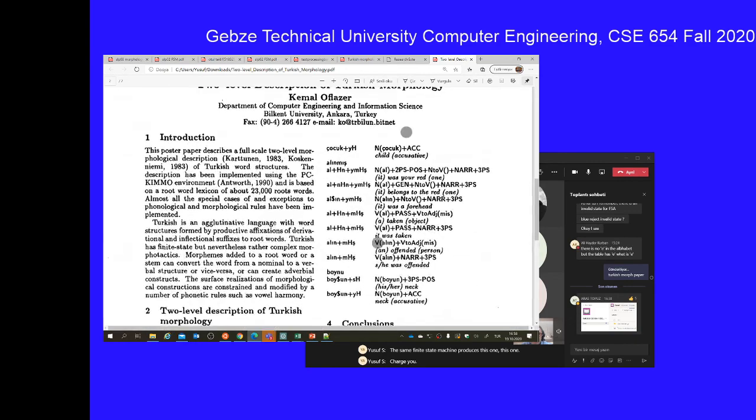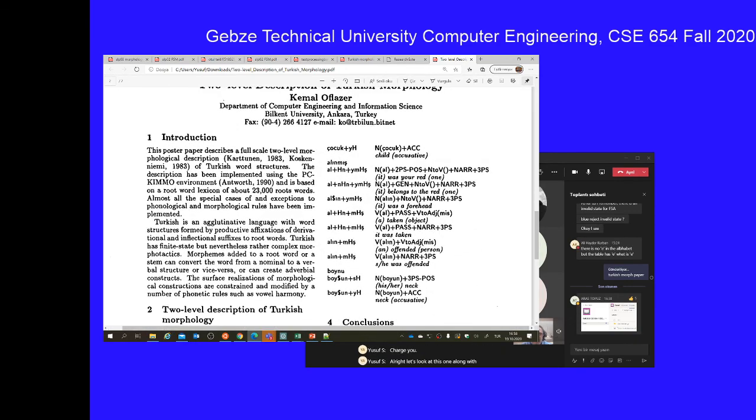Let's look at this one. Alınmış. How many different parses are there? 1, 2, 3, 4, 5, 6, 7. Alınmış. It was your red one. You understand what it means? Kırmızınmış yani. The other one is it belongs to the red.